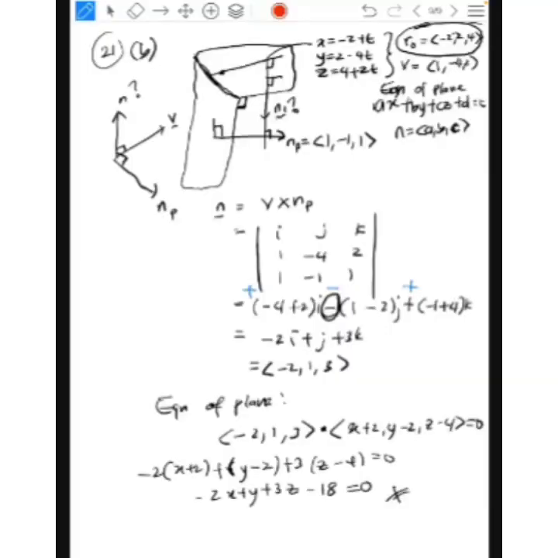Madam, do we need to simplify the equation? You don't have to simplify to the simplest form unless the question asks you to.